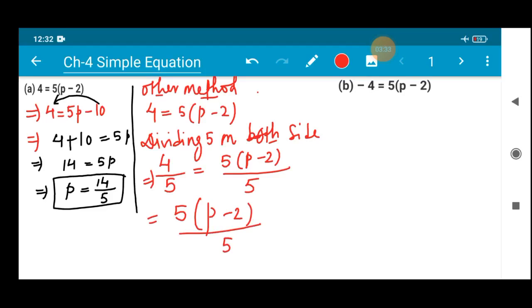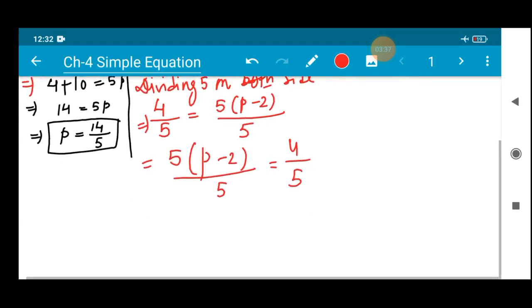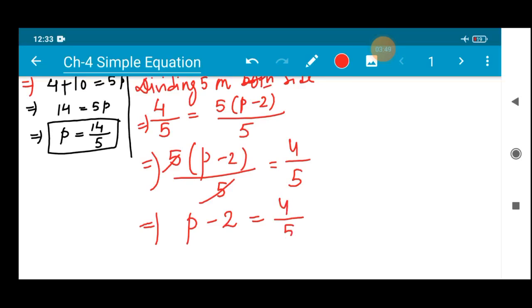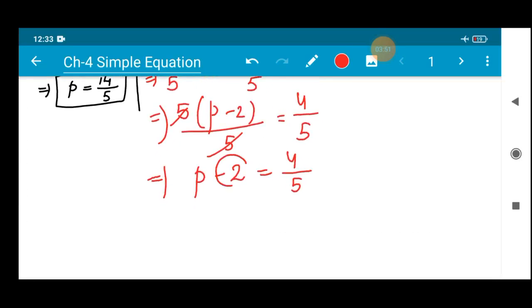If you have a confusion, sir, we don't have the habit to solve like this, so you can bring that also. That will not create any problem, because we are changing both the positions. Okay, now 5 gets cancelled out, the value which will remain there is p minus 2 is equal to 4 by 5. Okay, now as you can see, the variable is attached here.